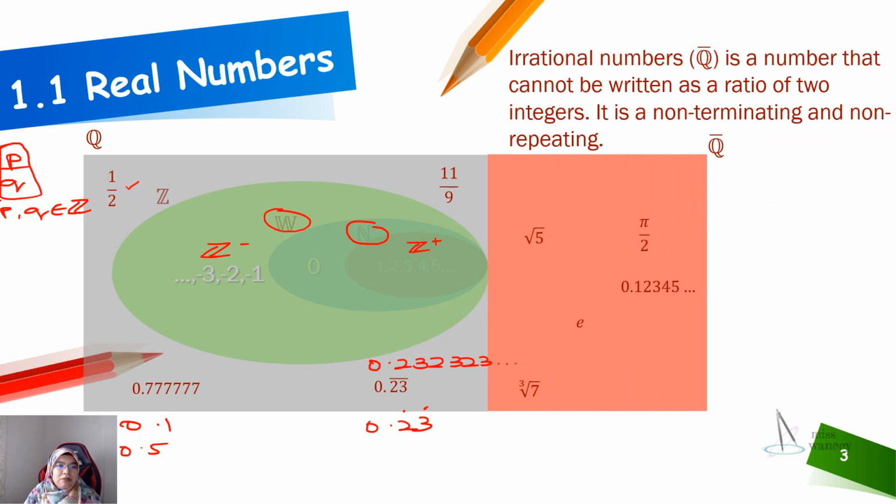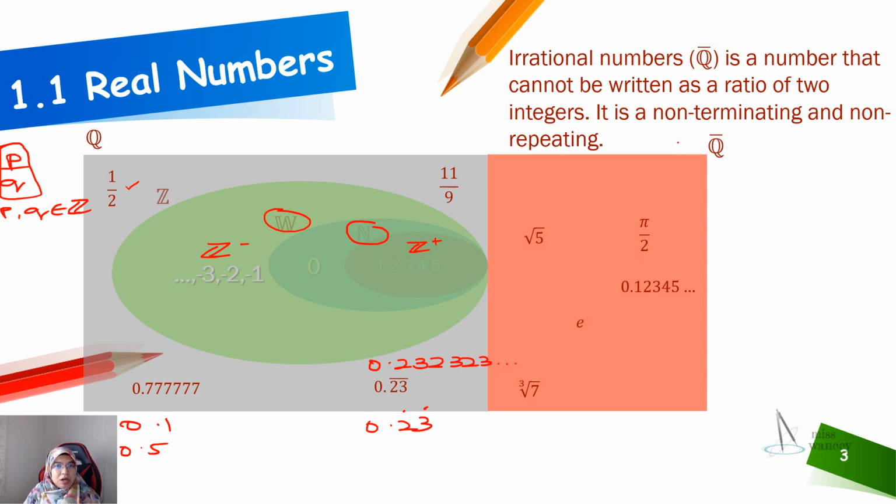As you can see, for rational numbers we have a Q; this one is a Q with a bar, which means not rational. So irrational numbers, Q bar, are numbers that cannot be written as a ratio of two integers. Before this, we wrote them down as P over Q, where both P and Q are integers. But for an irrational number, one of them is not an integer. So that is why it is an irrational number.